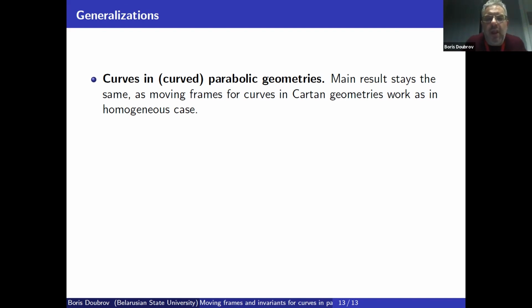So we have the same types of curves, and it is by definition well adapted to the notion of development of curves. So we can reformulate all the results and all the canonical moving frame constructions and the notion of a symbol, etc., for curves in arbitrary curved parabolic geometries.